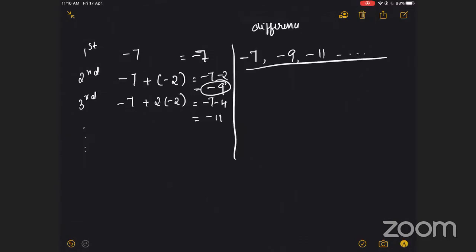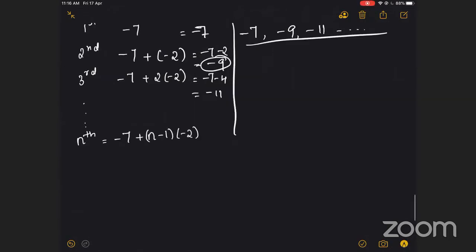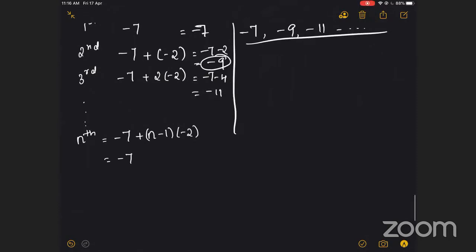So what will be the nth term? That is equal to -7 plus n minus 1 times -2. So if we expand this, -7 minus 2n plus 2. So that is -7 plus 2 minus 2n.